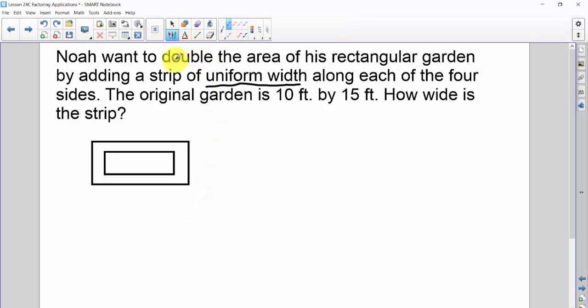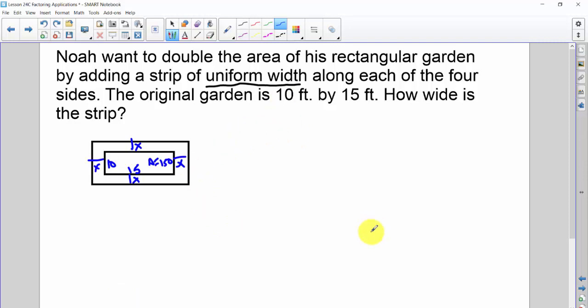So what that says is this distance here is x, this distance here is x, this distance here is x, and this distance here is x. And originally the garden was 10 by 15. So the area was equal to 150 to start with. All right. And we want to know how wide that strip is.